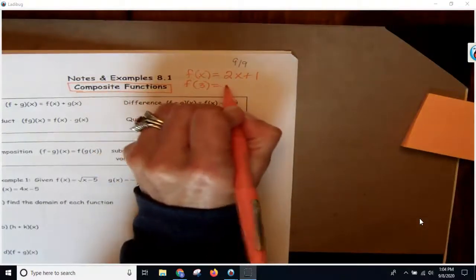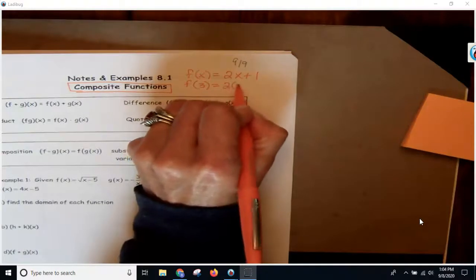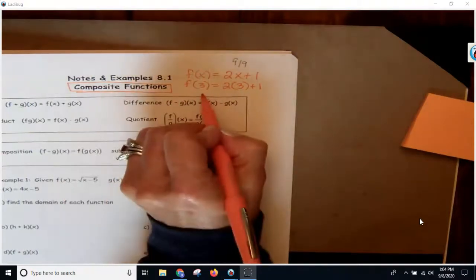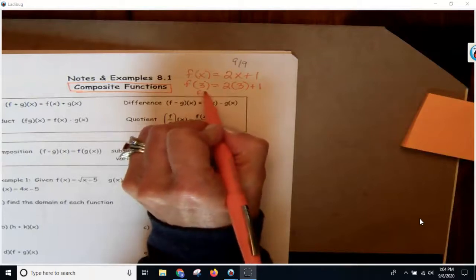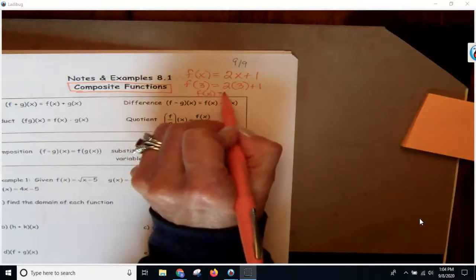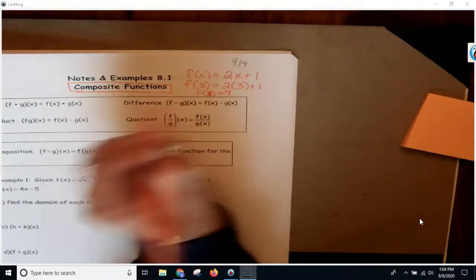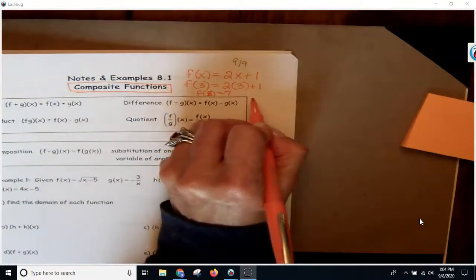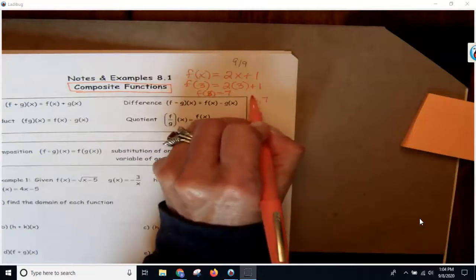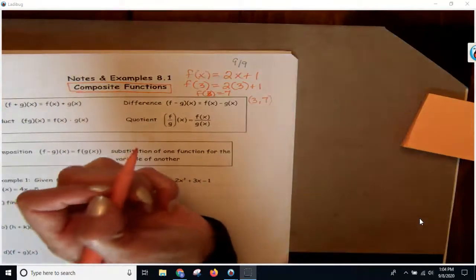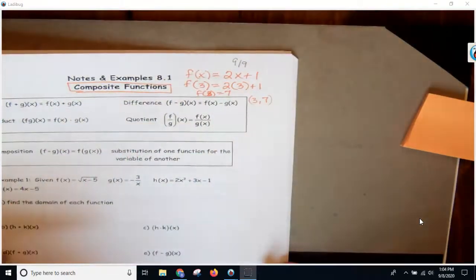You plug that 3 into where the x is, so f of 3 is 7. Okay, so when x is 3, y is 7. That is something that we've already discussed, that we know.